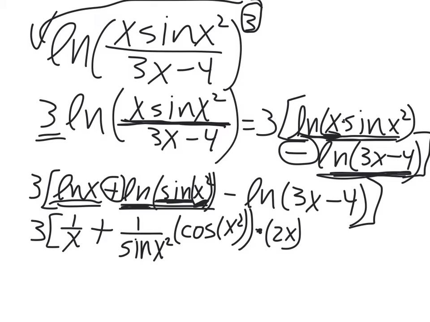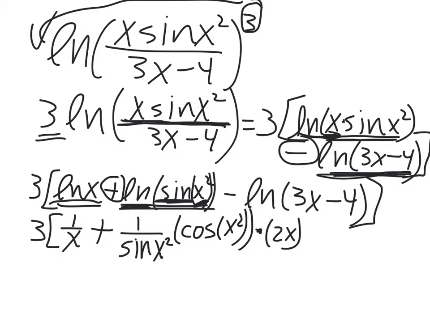So that is an embedded chain rule: chain rule on the natural log and then chain rule on the sine. Okay. Questions on that part of it? That one piece is by far the hardest of all the pieces.